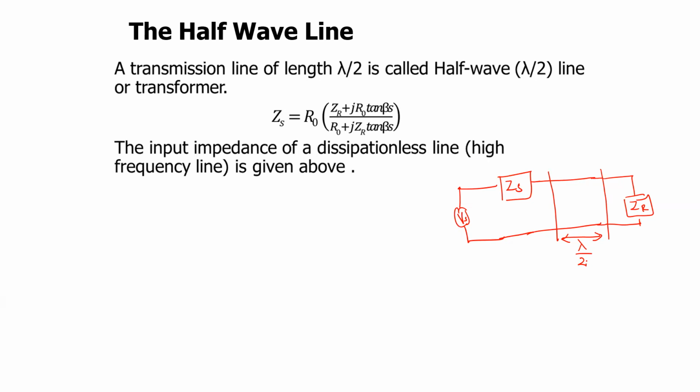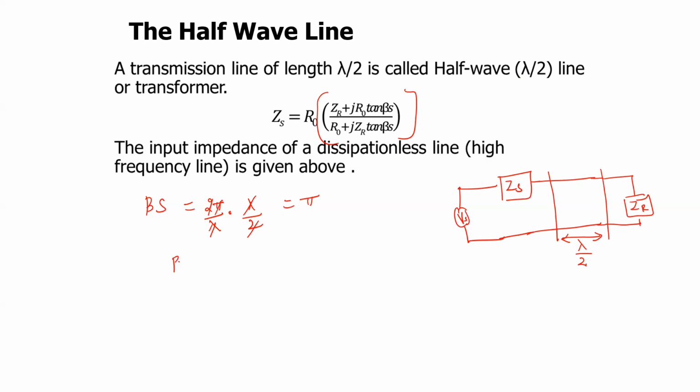From this expression for ZS, we have ZS is equal to R0 into ZR plus jR0 tan beta S divided by R0 plus jZR tan beta S. Now, we are supposed to find beta S. We know that beta is 2 pi by lambda and S in this case is the distance from the receiving end, which is lambda by 2. So here the 2 gets cancelled.